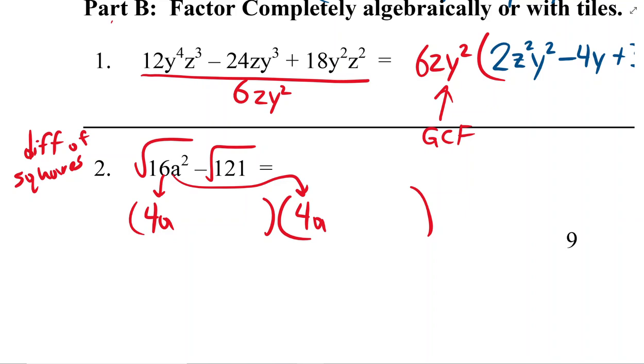And what about the 121? 11 and 11. What's the last part? Opposite signs, right? Different signs, difference of squares, different signs, plus, minus. There you go. It's those opposite signs which make the middle terms disappear. The middle terms cancel out to 0, so they disappear. We don't need to write them.